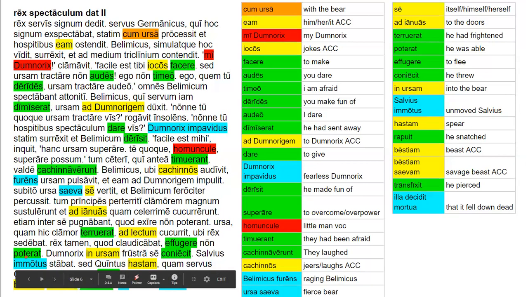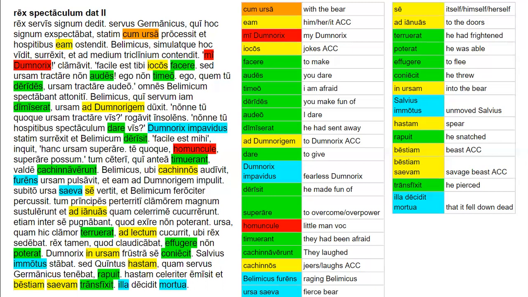So the king, however, because he was lame, was not able to flee. So this is a causal clause right there, introduced by quod. Poterat is an imperfect tense verb, right?